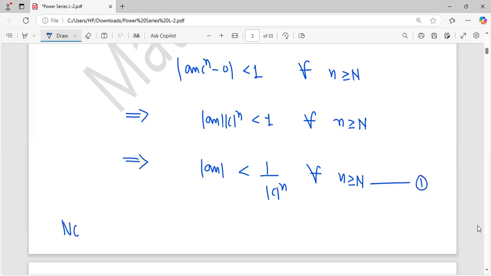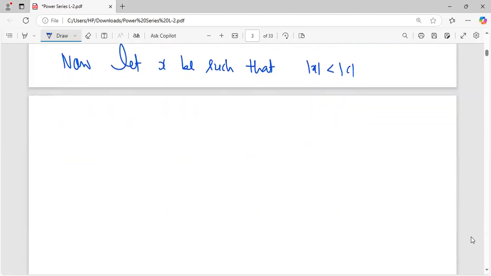Now let x be such that the absolute value of x is less than the absolute value of c. Then this implies that the absolute value of x to the power n is less than the absolute value of c to the power n.